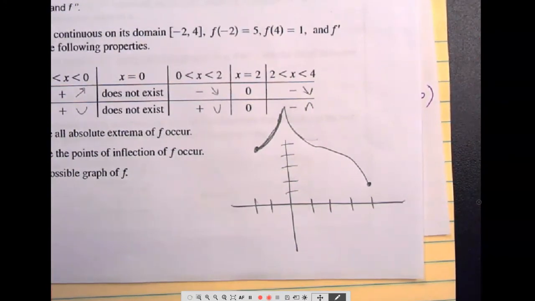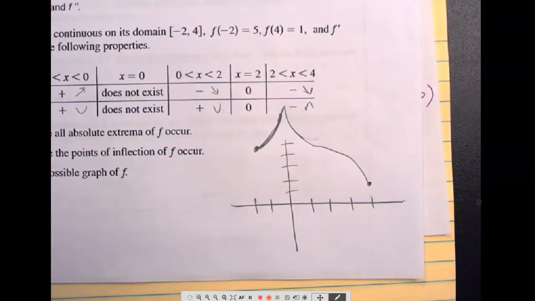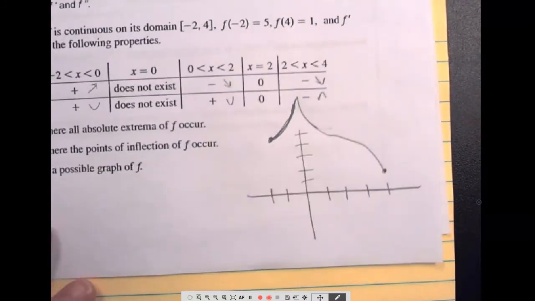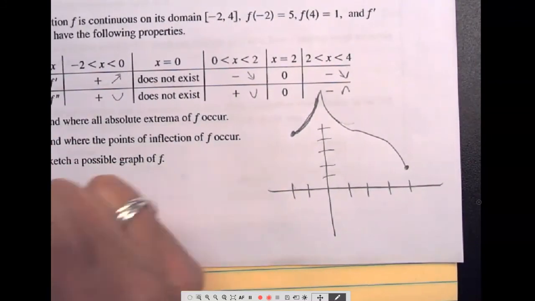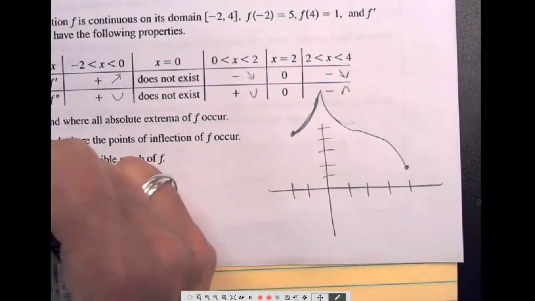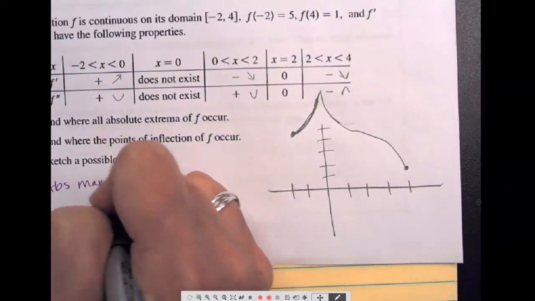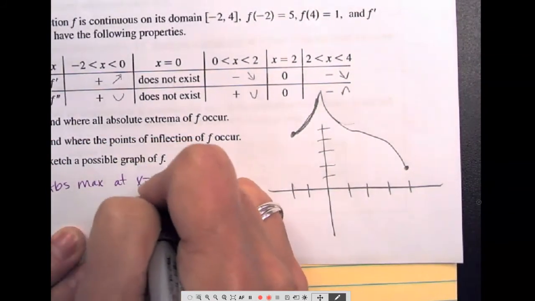Okay. All right, now I'm going to answer the questions. Find where all absolute extrema occur. Notice it says where they occur. So I have an absolute max at x equals 0.